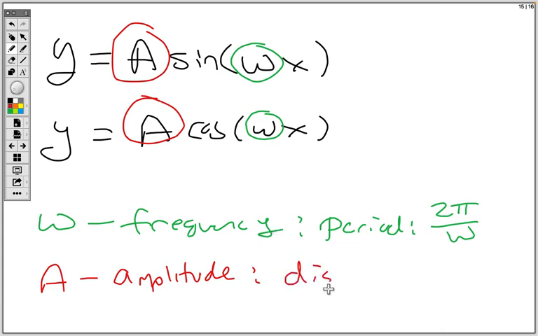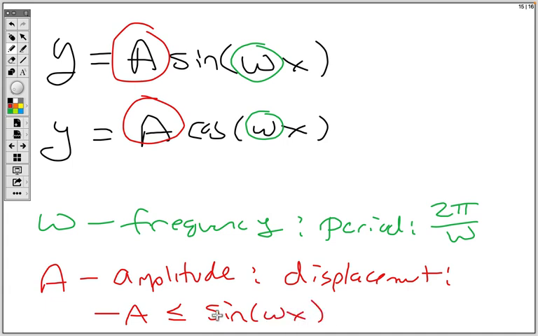So the displacement here would go from minus A to A. So minus A is less than or equal to, say, sine, less than or equal to A. All right. So this kind of thing was exploited all over the place in calculus when you had squeeze theorem calculations. But for us, this A is a function of x.